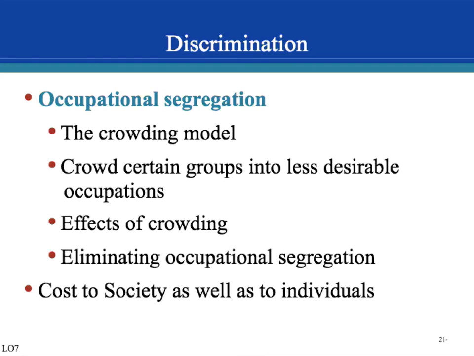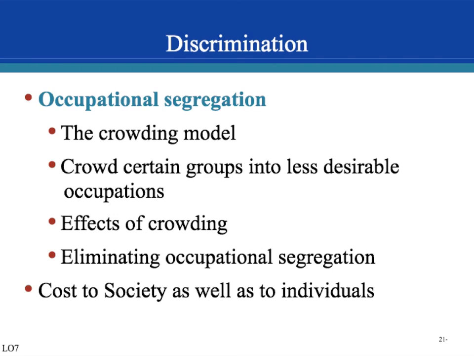Okay, occupational segregation is the crowding of women, African Americans, and certain ethnic groups into lower paying jobs. And this is still happening here in the US economy. We're going to look at the crowding model.